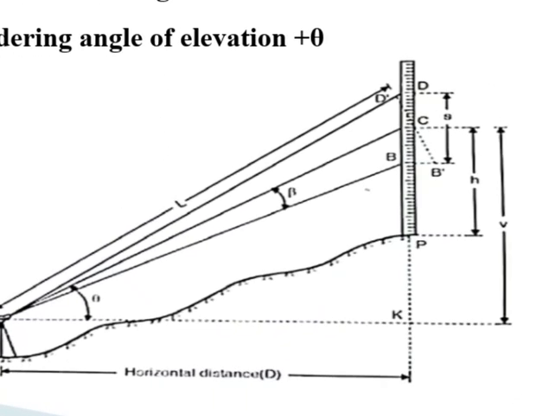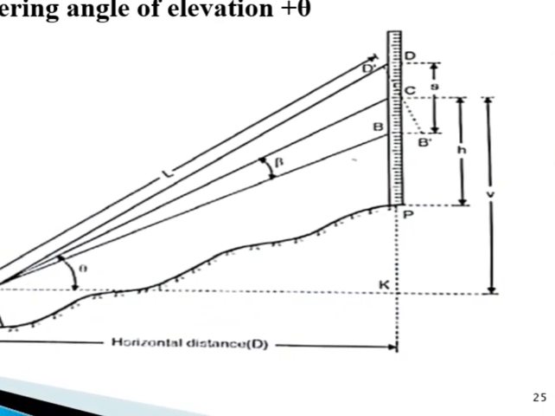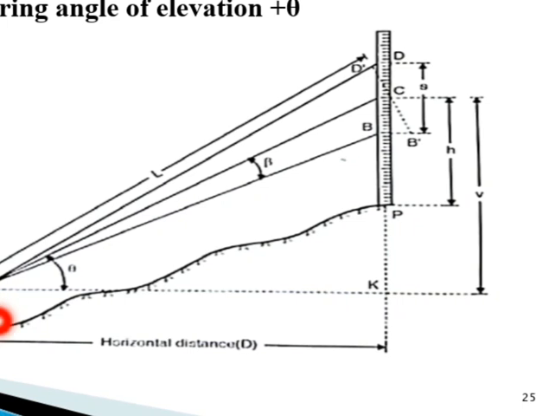Remembering the figure, let capital A be the instrument station and A dash on the upper side the position of the instrument axis. Next, P is the staff station. D, C, B are the points on the staff cut by the hairs of the diaphragm.